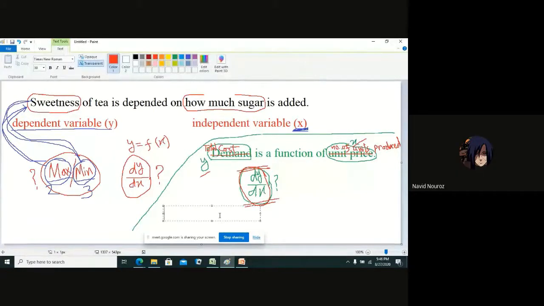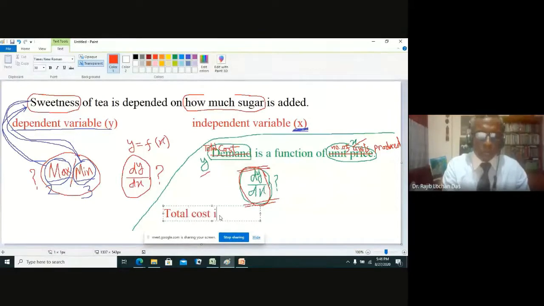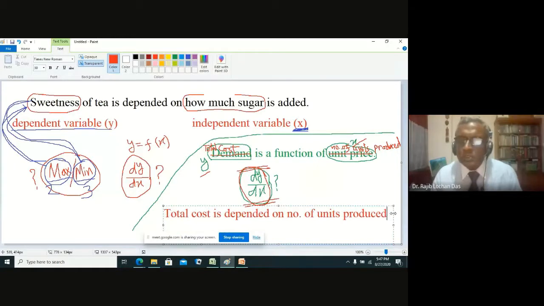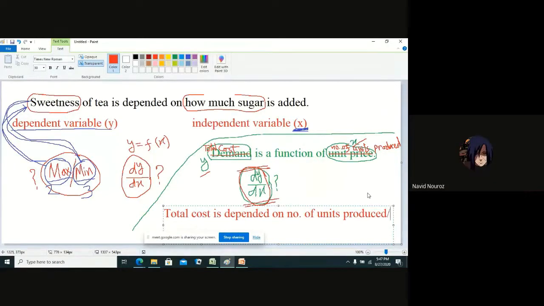Demand is a function of unit price, right? Yes. And total cost is dependent on number of units produced. Okay. Yes. This is the situation. So what you will tell for this?